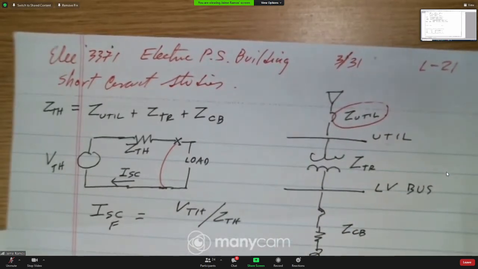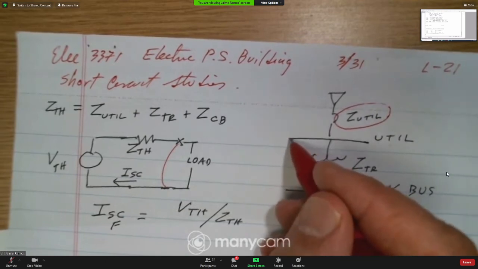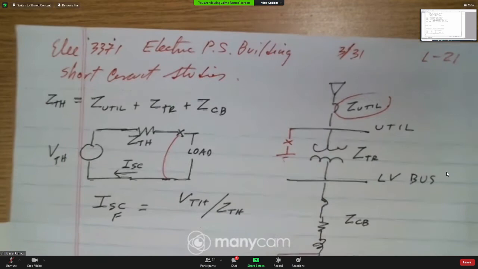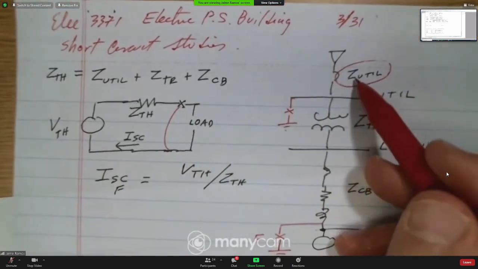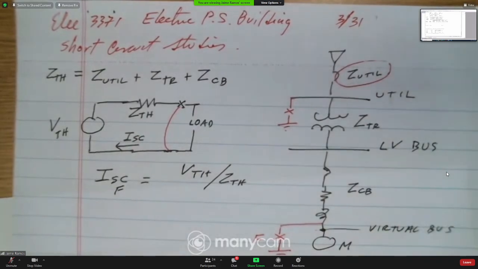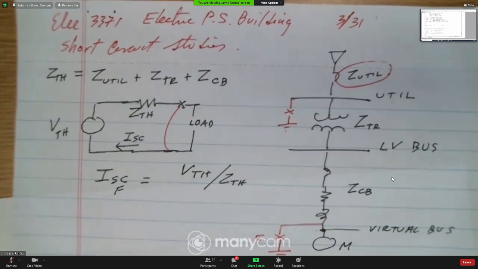Okay, so here, this is the case for a fault right here. So that's why we have different short circuit levels.